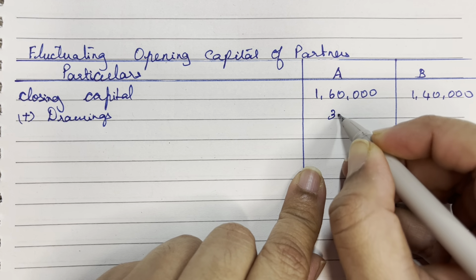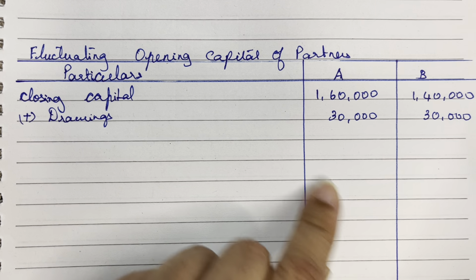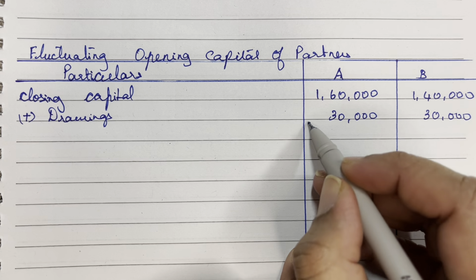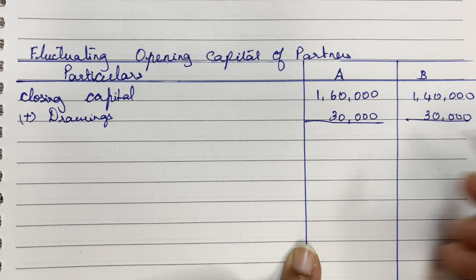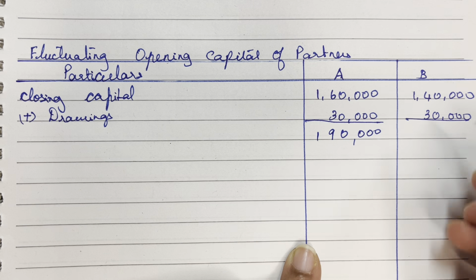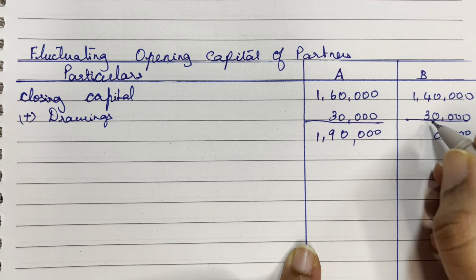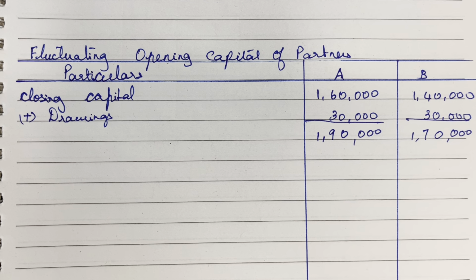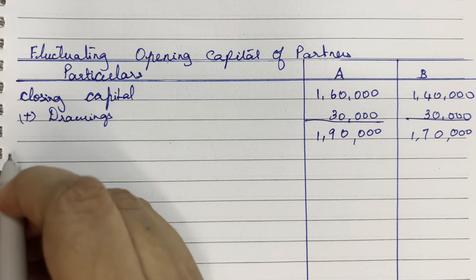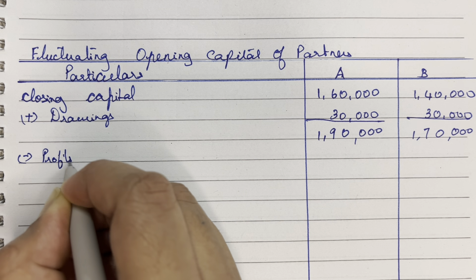Drawings is 30,000 for each of the partners. Okay, so now how much do we get? 1,90,000 and 1,70,000. Next, we have to subtract the profits.